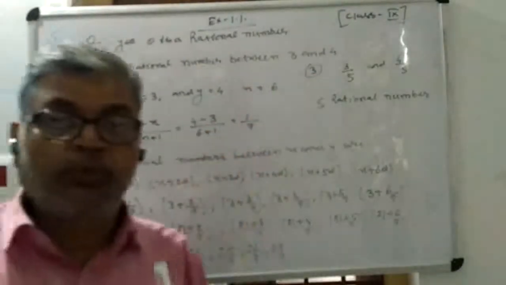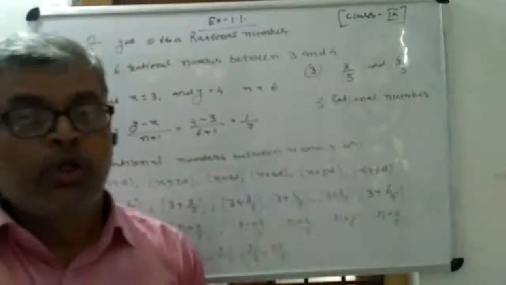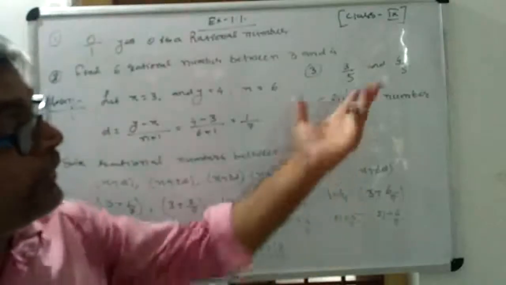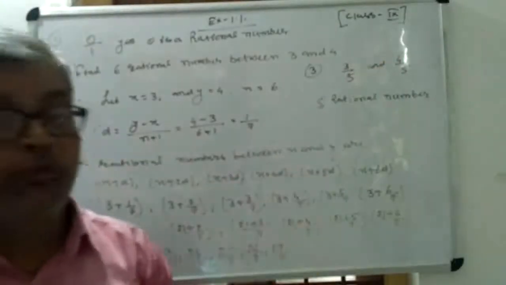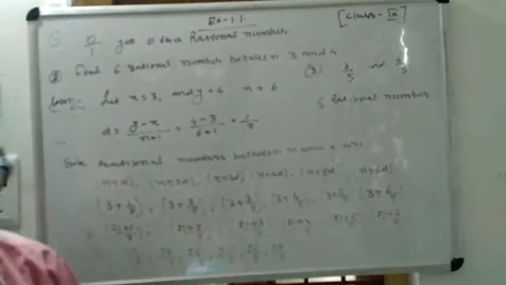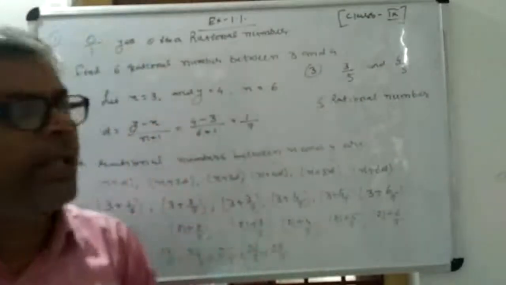Here, first you have to compare 3 by 5 and 4 by 5, and see which one of these two is smaller. If one is smaller, then the other will be larger.